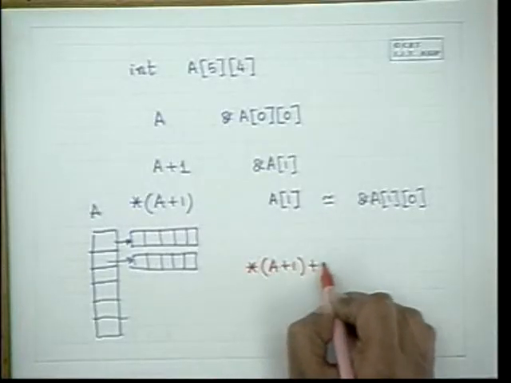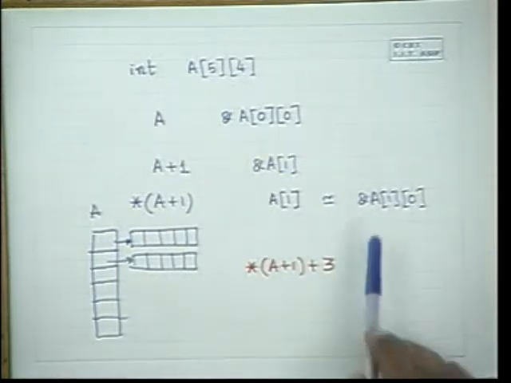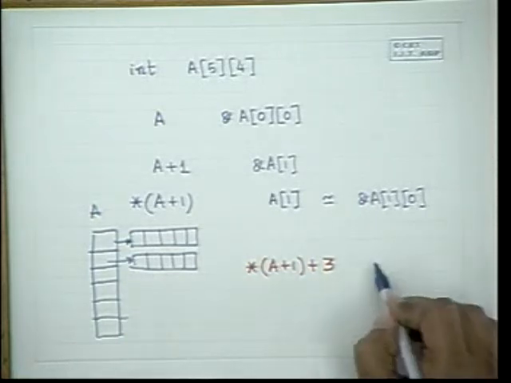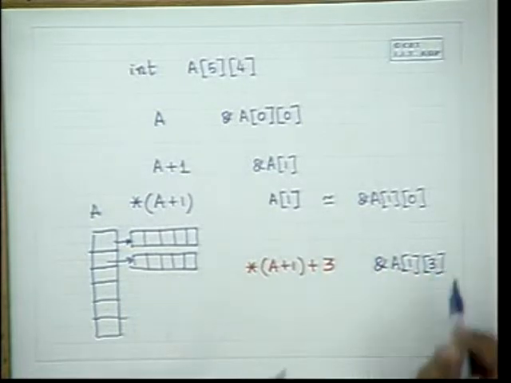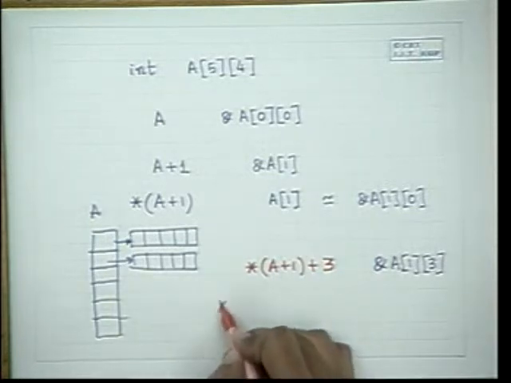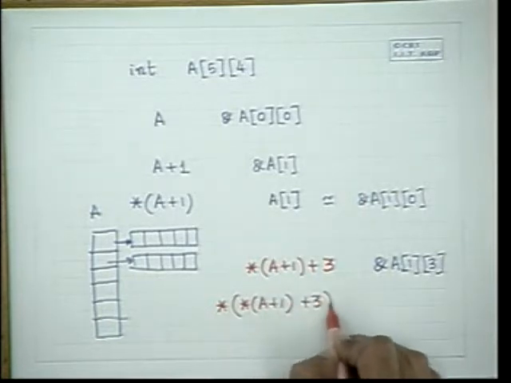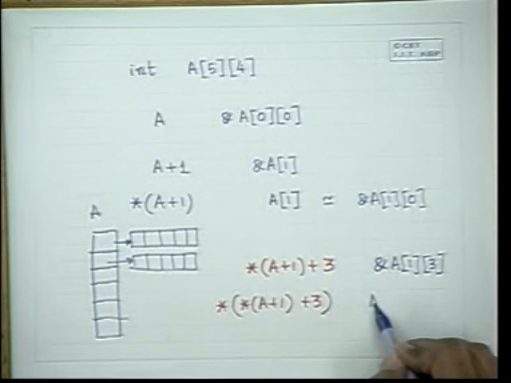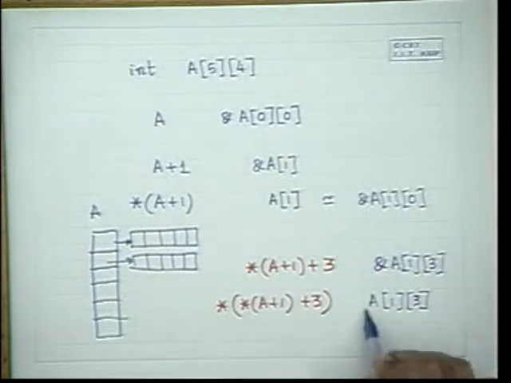So what is star of A plus 1 plus 3? Star is the address of the location A[1][3], and star of that will give you the value of the actual location, the value, because now this ends up in a slot which is an integer.